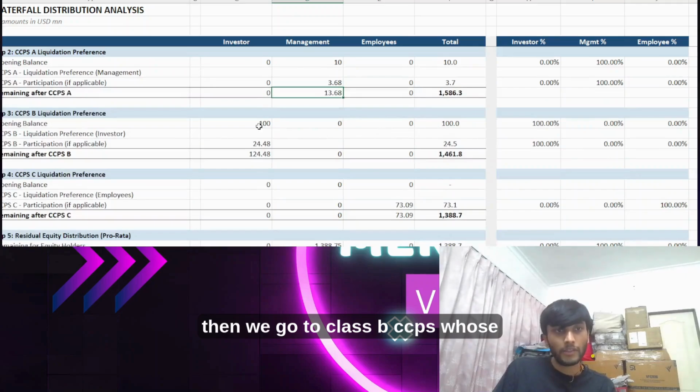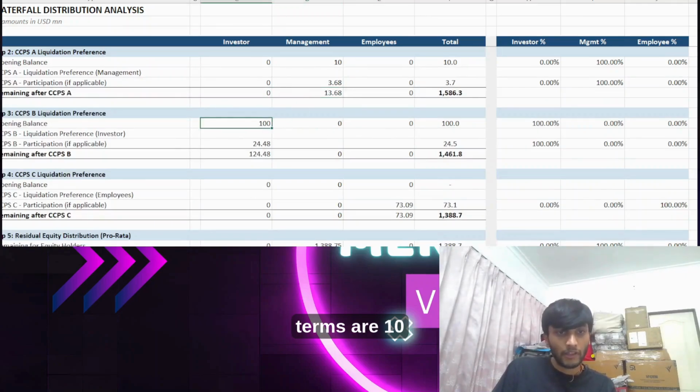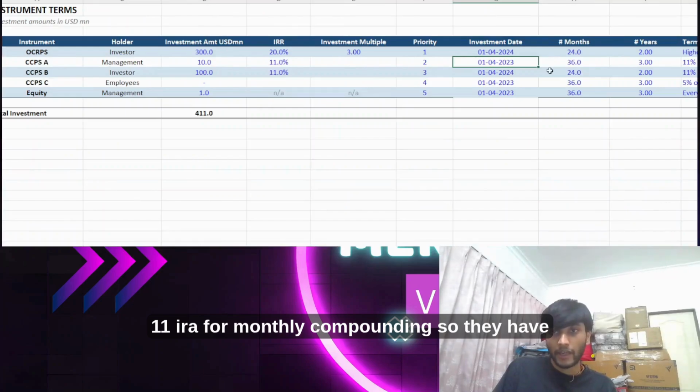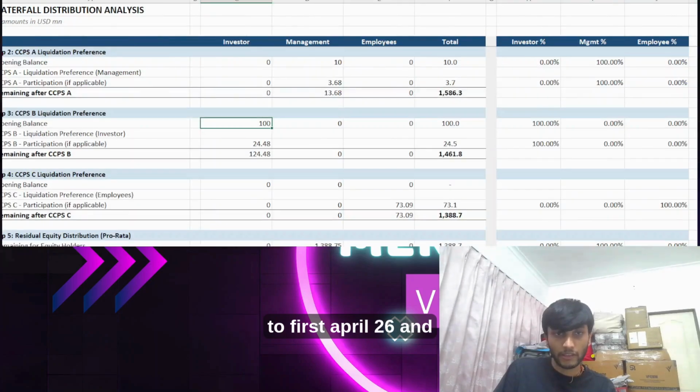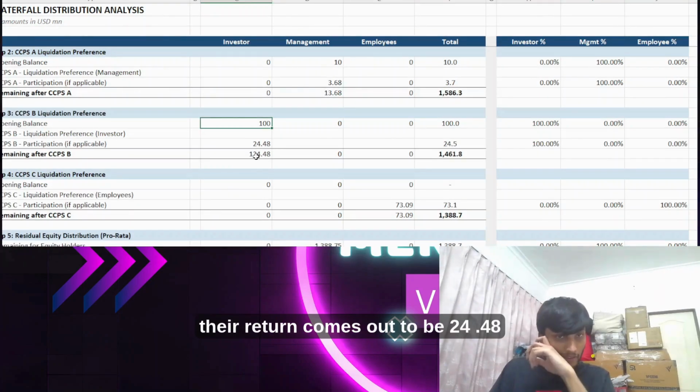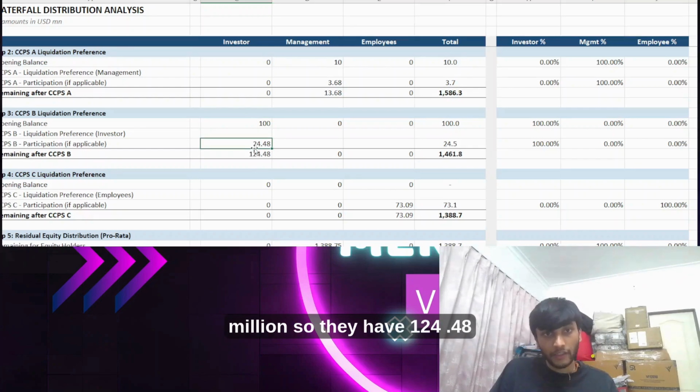Then we go to class B CCPS, whose terms are 11% IRR with monthly compounding. So they've done 24 months of investment, from 1st April 24 to 1st April 26, and their return comes out to be 24.48 million.